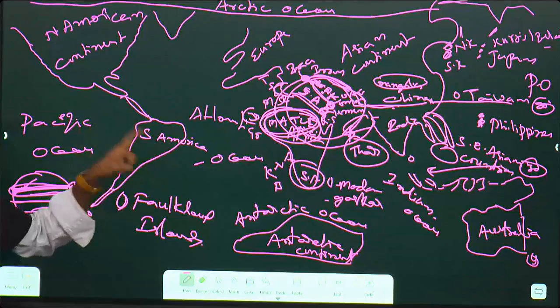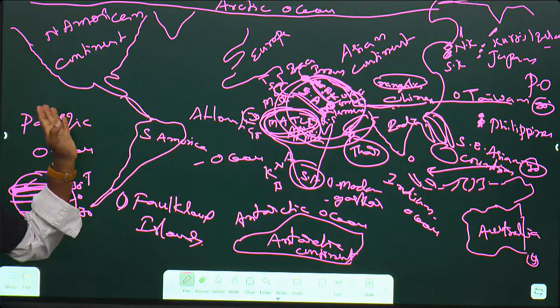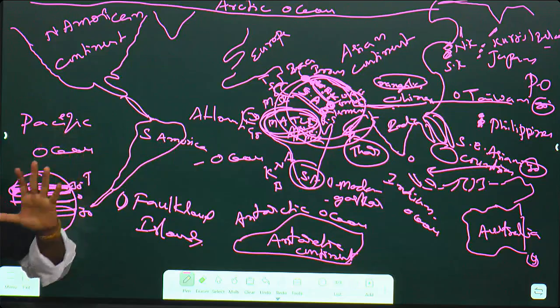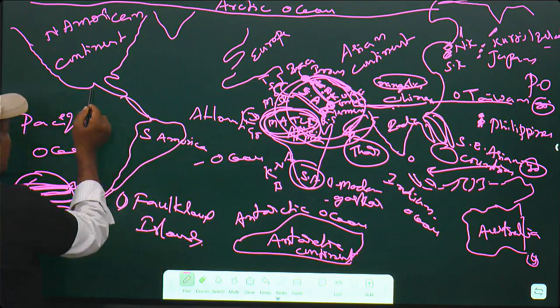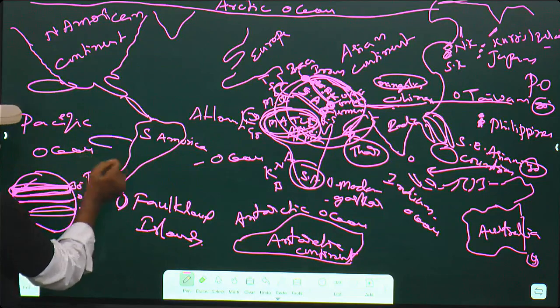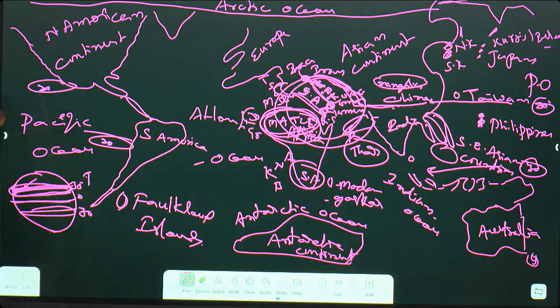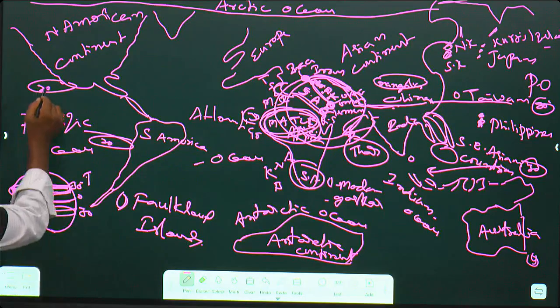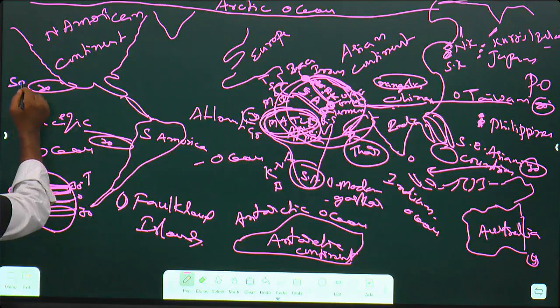Always we can observe westerlies commence on the western side, particularly at 30 degrees. Here also 30 degrees. This location also 30 degrees. Here we can observe the Sonoran Desert.